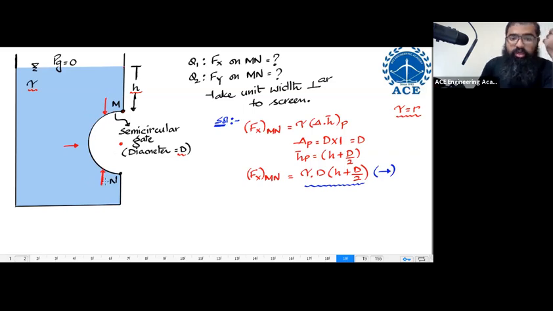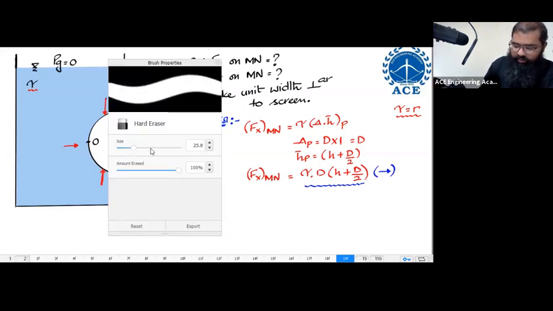So what should I do now? I should first identify the point above which I have downward force and below which I have upward force. Logically, it is exactly the midpoint over here. Let me consider this point as point O. From M to O, the force Fy is going to be downward. From O to N, the force Fy is going to be upward.